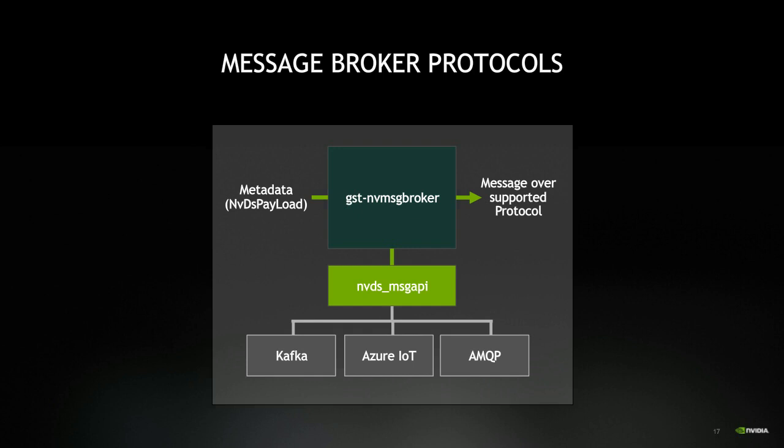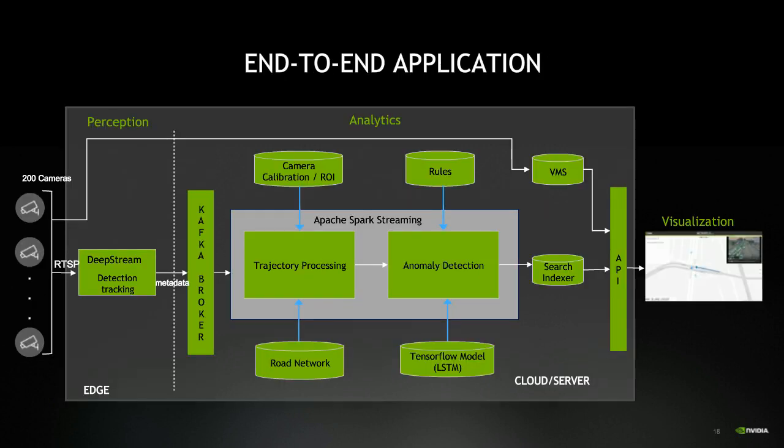This is an end-to-end application for an intelligent traffic system. You have the perception pipeline where pixels are converted to insight on the edge. Then an analytic workflow will take this metadata and create searchable analytics and display it on a web browser for visualization. In the trajectory processing part of the analytic, the image coordinates are mapped to the geo coordinates using the road network and the camera calibration.